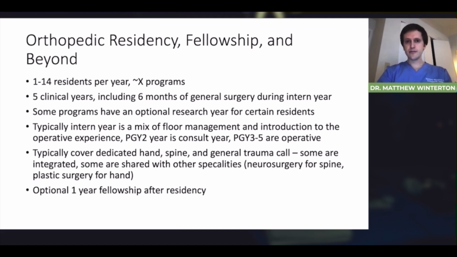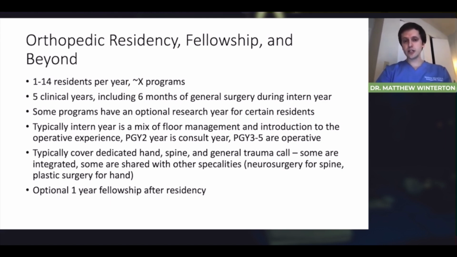If you choose to go ahead and match into a preliminary general surgery spot or a preliminary spot in some other specialty, that year that you start your residency is it. You have to find another job after that year. So it's not a guaranteed or categorical residency position. So you start your residency program and you finish your intern year, but during your intern year, you'll have to apply through the match again to any subspecialty.